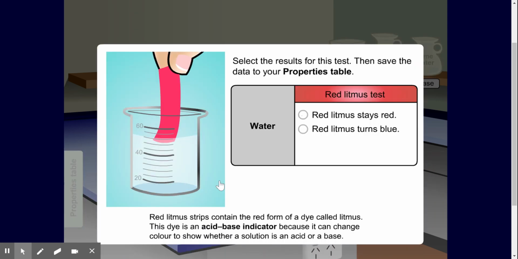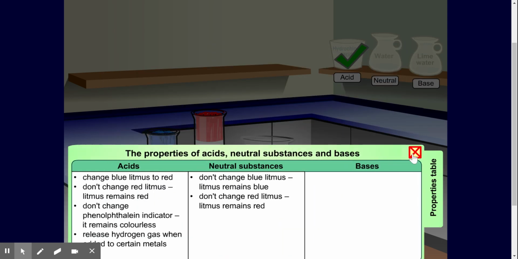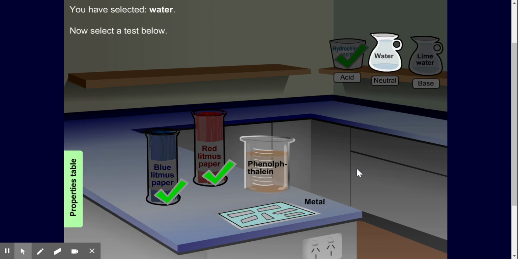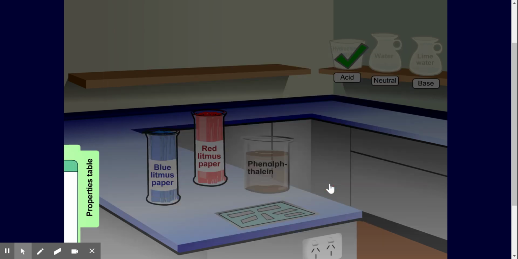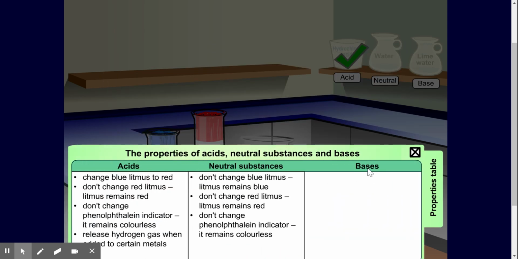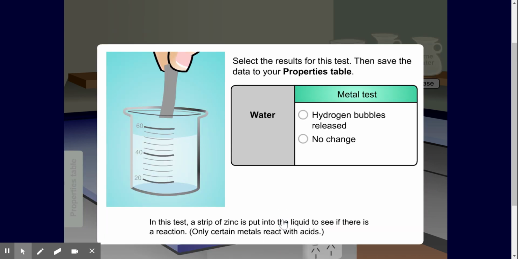Then we'll test with red. We see that it stays red. Then we'll try phenolphthalein. We see that it remains colorless. Then we'll test with metals, and we see nothing happen.